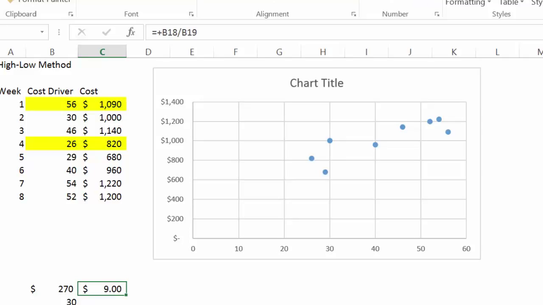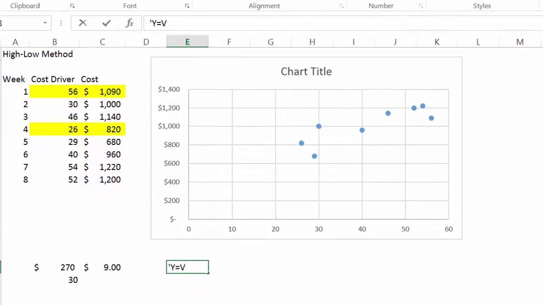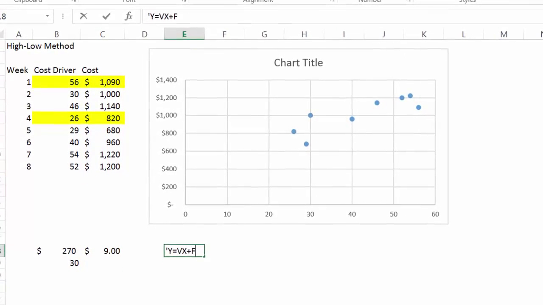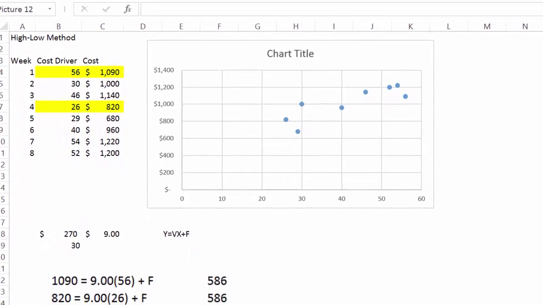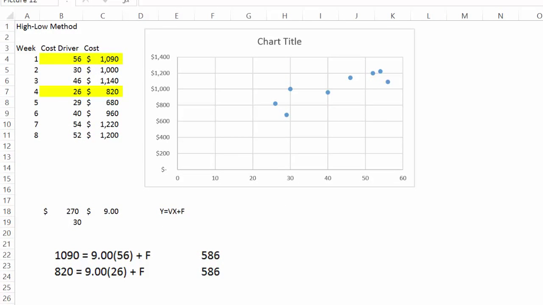Now we're going to plug that into our equation and solve for our fixed cost. So remember that our formula is y equals variable times x plus our fixed cost. When I put those into the formula, I pick up from the first variable $1,090 equals $9, that's our variable cost, times 56, which is our cost driver, plus f, and I solve for f, I get 586.